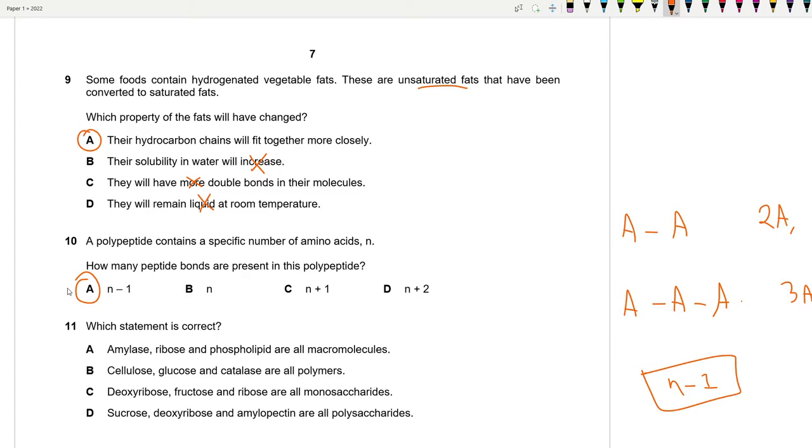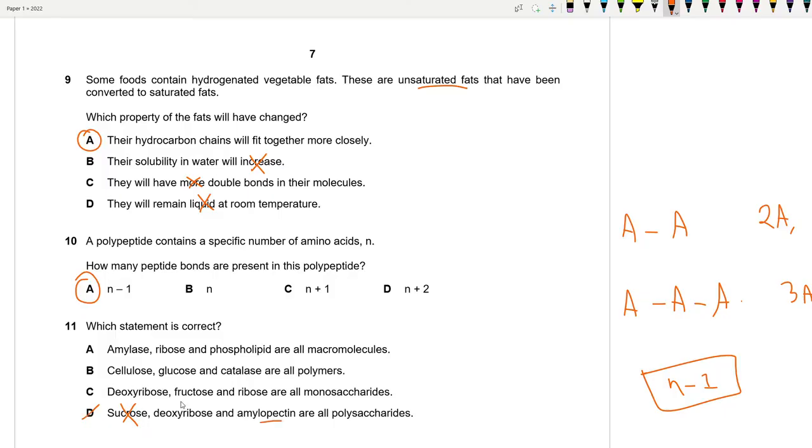Which statement is correct? Amylase, ribose, and phospholipid are all macromolecules. Cellulose, glucose, and catalase are all polymers. Deoxyribose, fructose, and ribose are monosaccharides. Okay, let me cut these according to the options. So, my bad. Basically, guys, sucrose is a disaccharide, so D doesn't make sense.